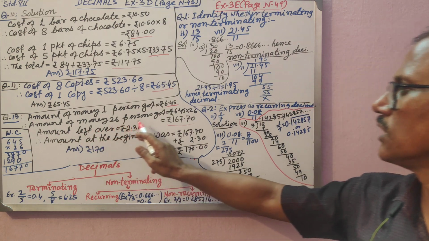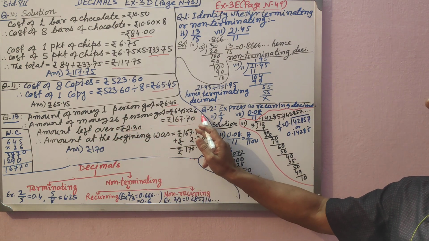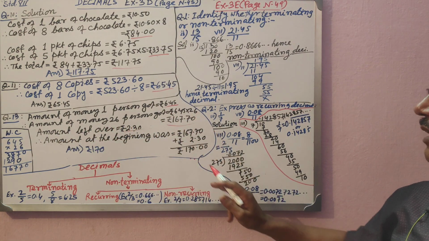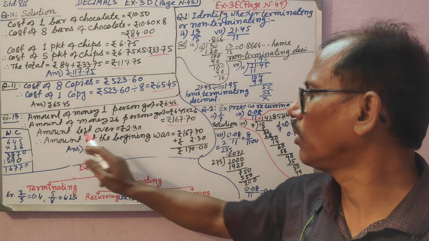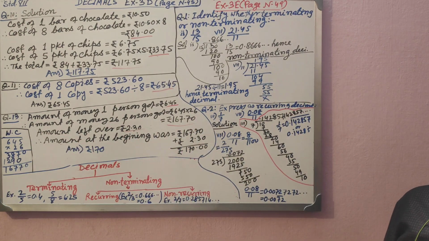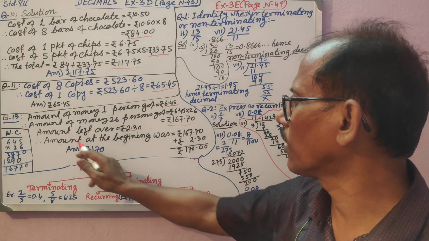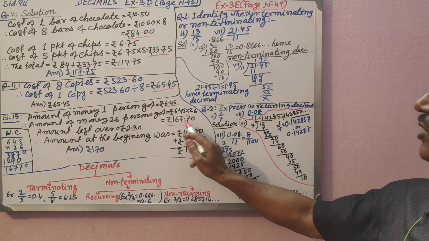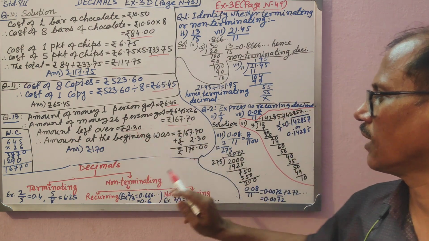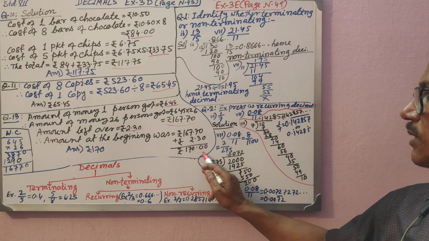Therefore the amount of money 26 persons got is equal to 6.45 into 26. That will become 167.70. The amount leftover is rupees 230. Therefore the amount at the beginning was these two added, could you understand? So these two added will become rupees 170.